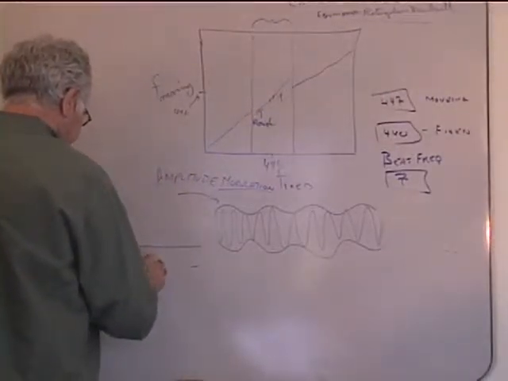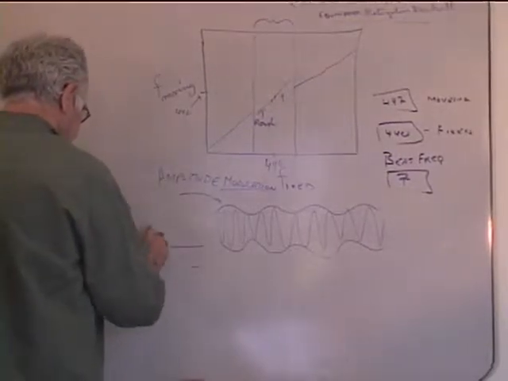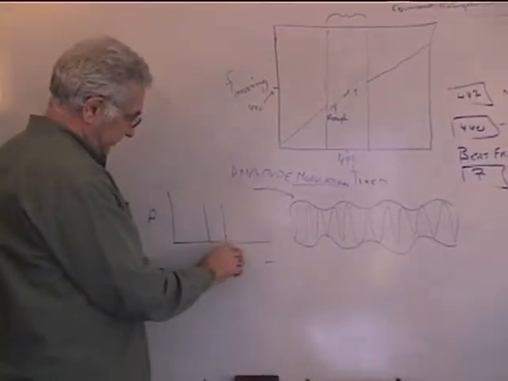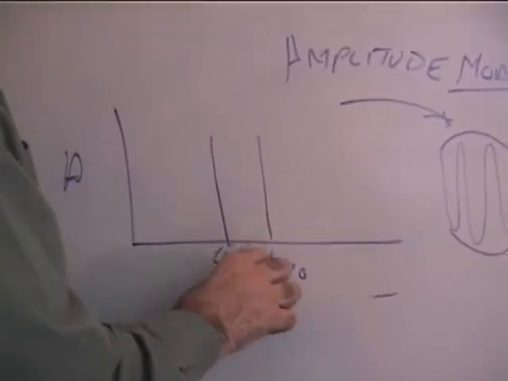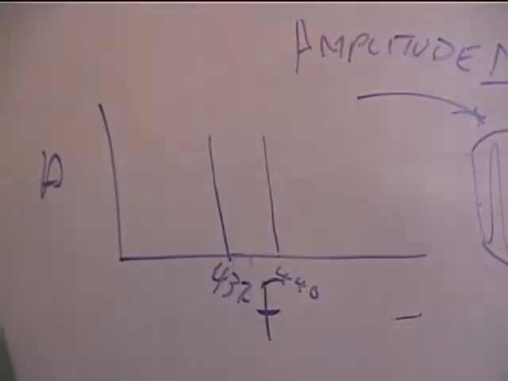So the spectrum here looks like this. We have frequency and amplitude, and here are the two tones. Here's the 440, and here's the 437. There's a 3 hertz difference, so we'll see these beats happen at 3 hertz.